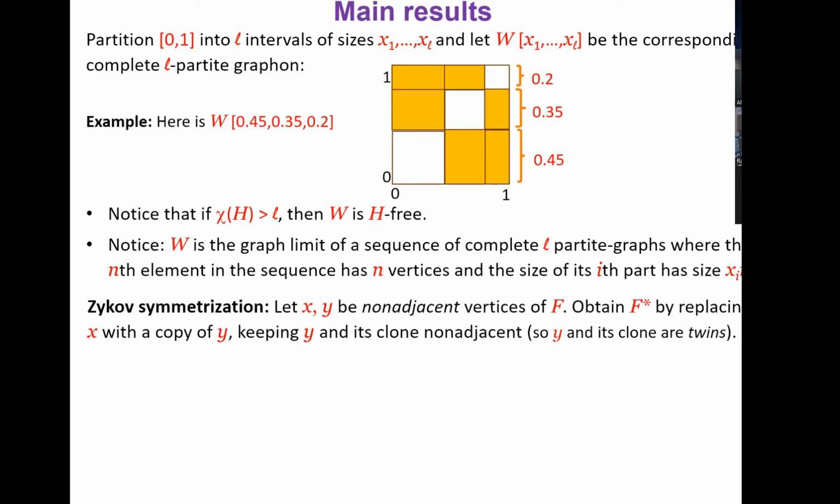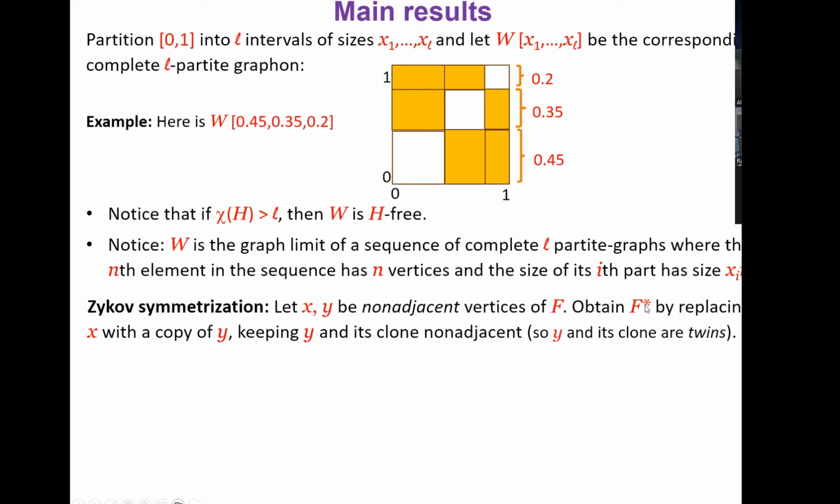Another tool that would be useful in the proofs and also in the definition that we follow is what is called Zykov symmetrization. This, of course, relates back to the original theorem of Zykov from 1949. Suppose you have a graph F. I want to define an operation.